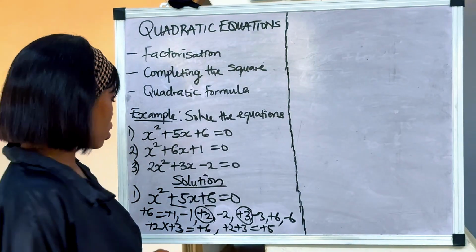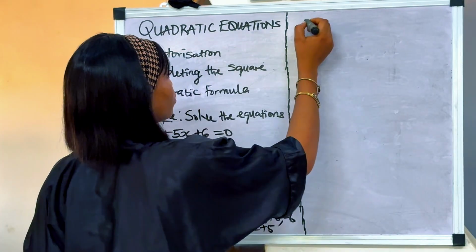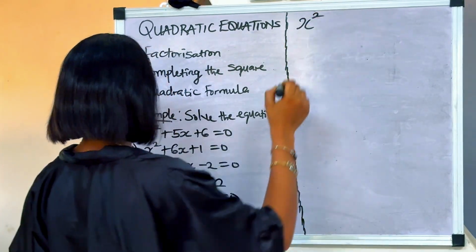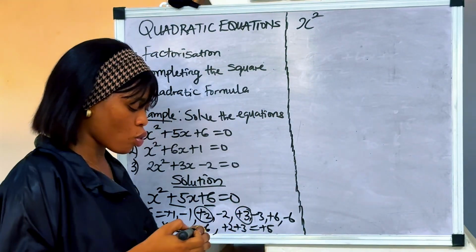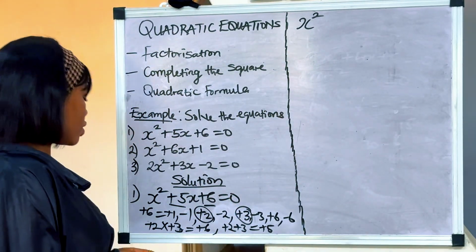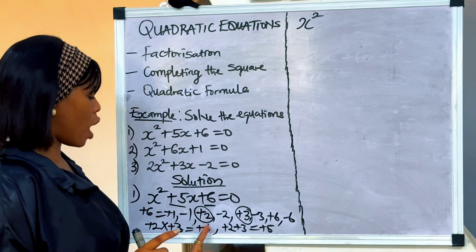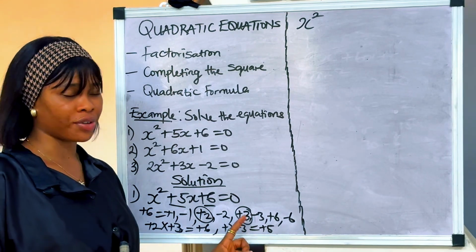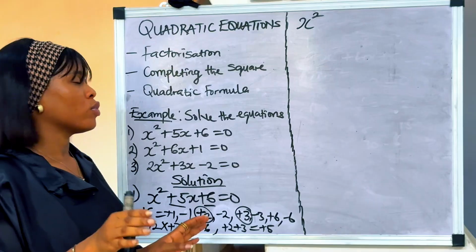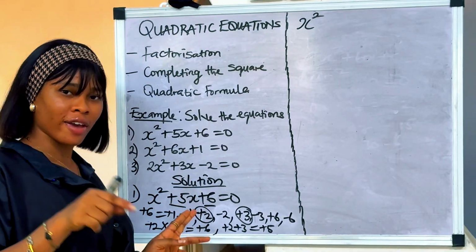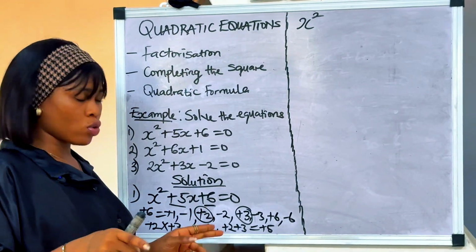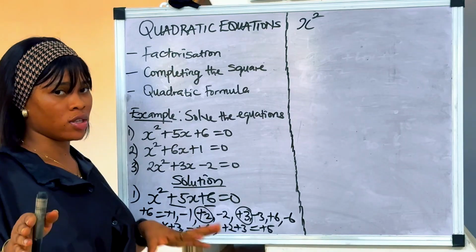Then we proceed to have x squared. These two factors that were found, plus 2 and plus 3, we use them to replace plus 5x in the equation.